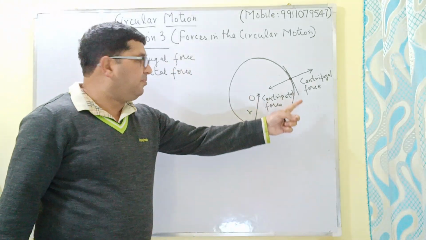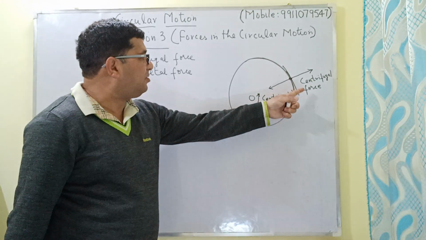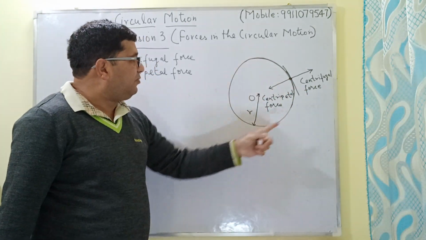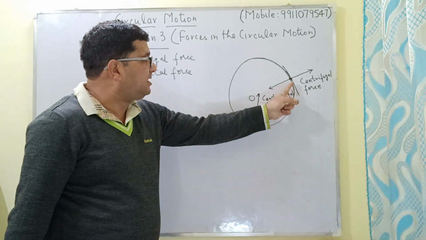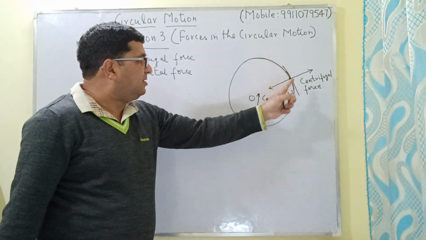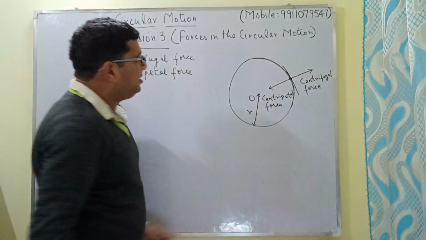Here I have shown the direction of the centrifugal force and the centripetal force. A body which is moving in a circular path will be subjected to a centrifugal force which is directed radially outward, as shown in this figure. Here I have made a tangent at this point.